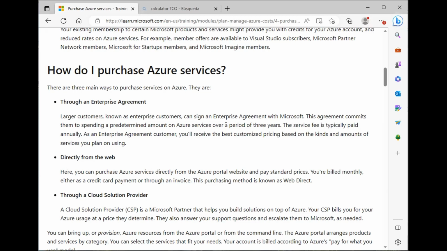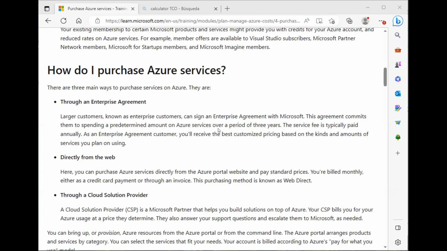As an enterprise agreement customer, you will receive the best customized pricing based on the kinds and amount of service you plan on using. The other is direct from the web.